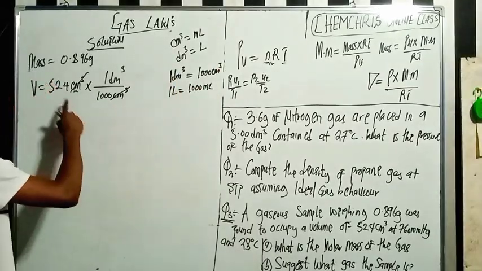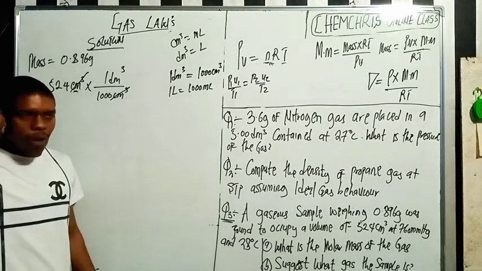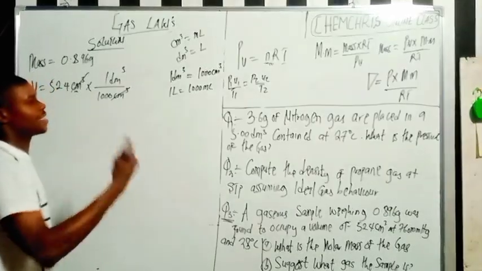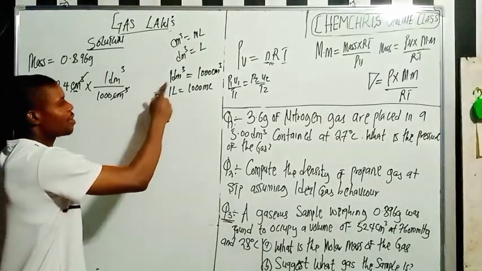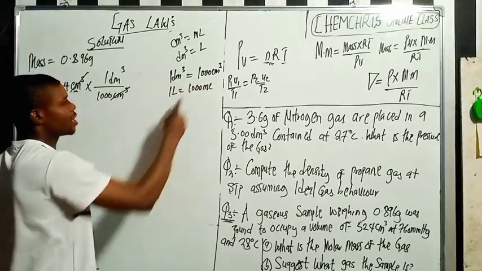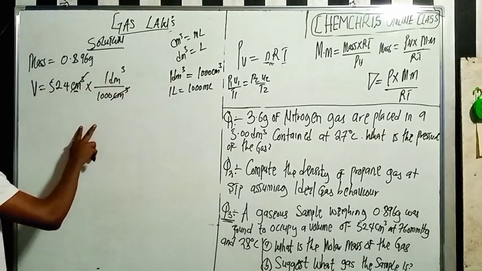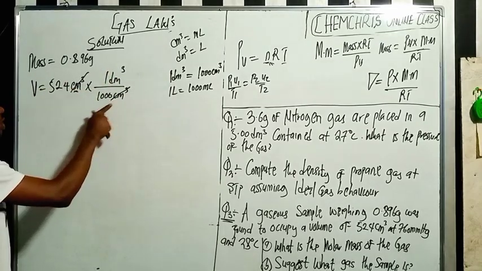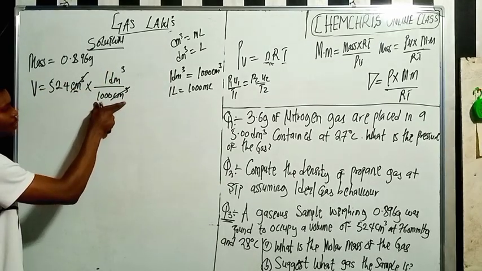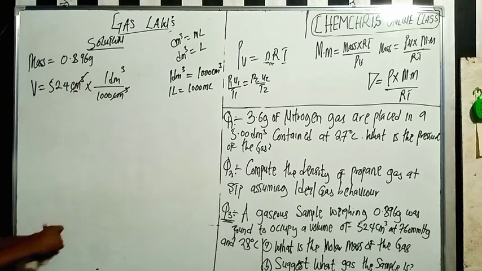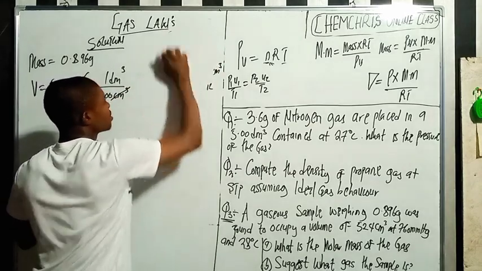So we are converting cm cube to dm cube. The relationship is that 1 dm cube is always equal to 1000 cm cube. You must arrange it such that cm cube cancels cm cube, and the only way to achieve that is to put it at the bottom.